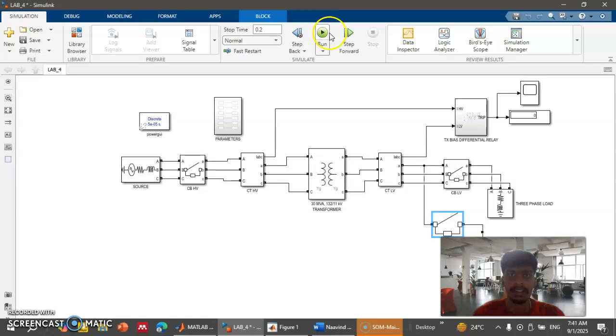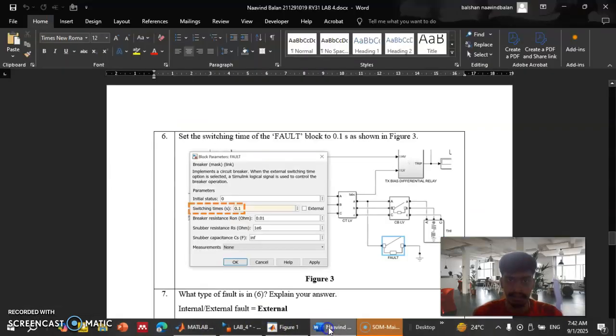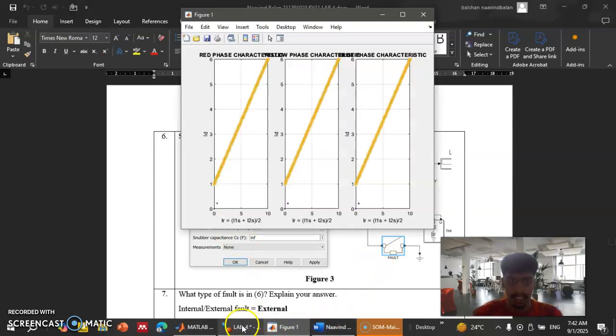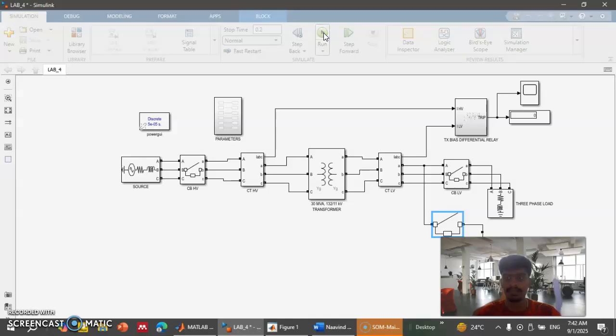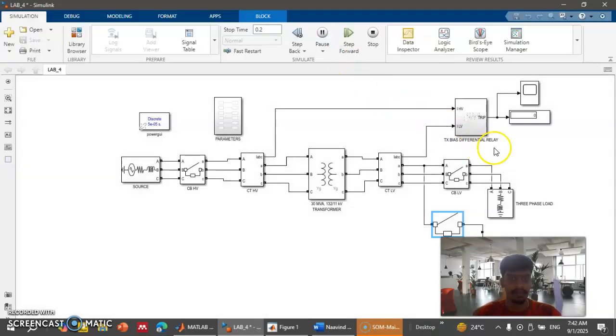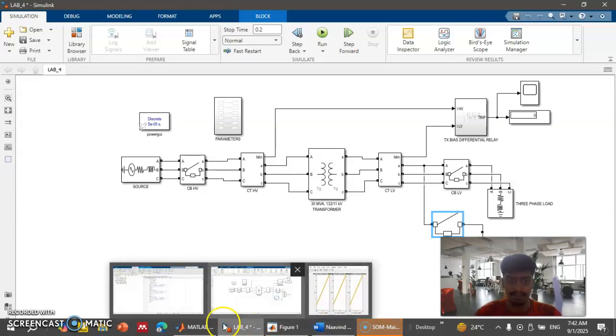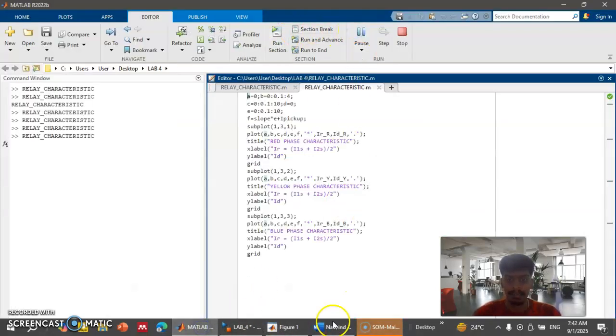Then start to run, because CT lower and CB lower is the middle, as the figure shows. It needs to be set as 0.1. Let's detect that it is 0, so no fault over there. Okay, I will run the simulation.